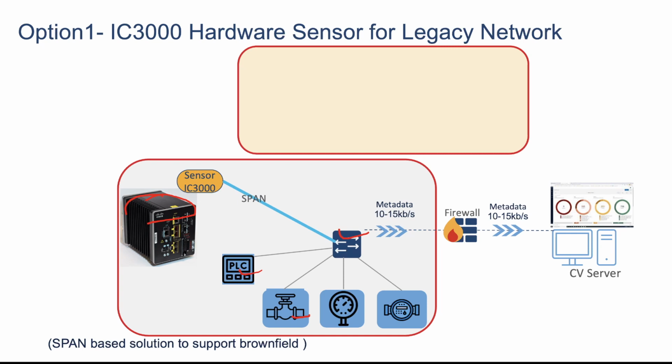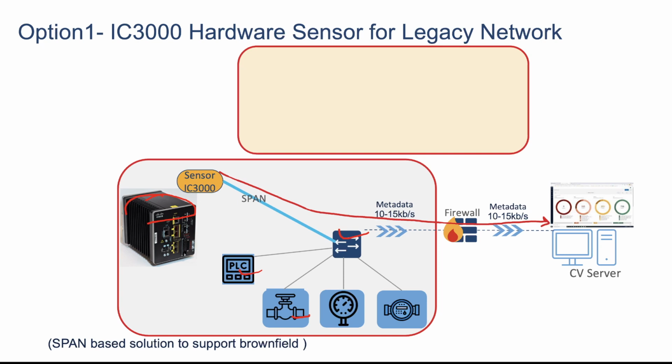This app allows the traffic in both offline mode or online mode. Once the analytics has been done, it sends the data to Cisco CyberVision. This metadata is very low in bandwidth, consuming hardly 10 to 15 kbps.